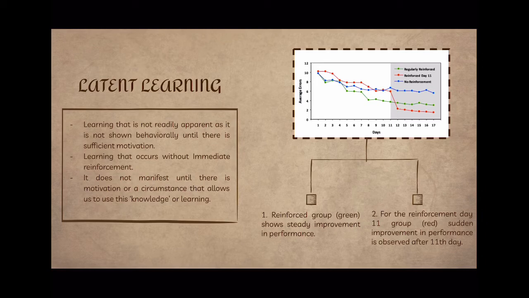On the 11th day, he saw a drastic drop, even lower than the first group. He then said that learning is not only conscious but also subconscious. It is because of these types of motivation or circumstances that we are able to use knowledge or learning.